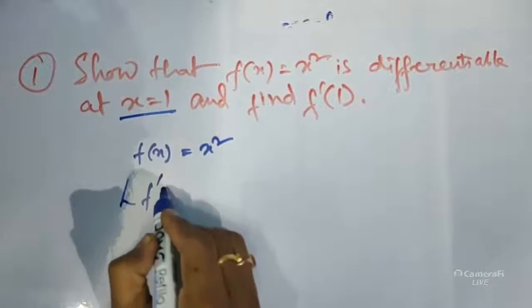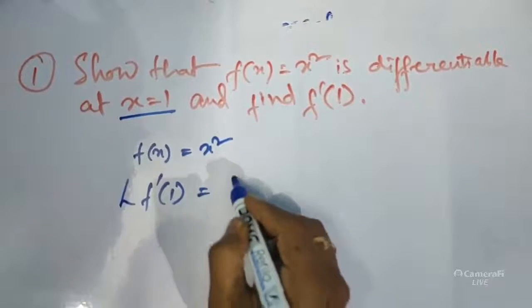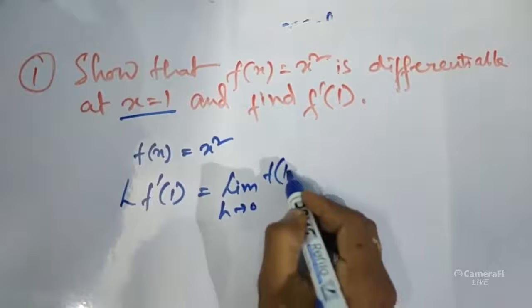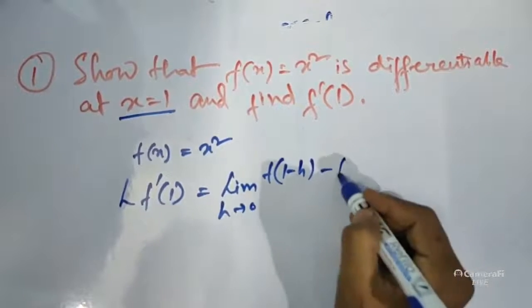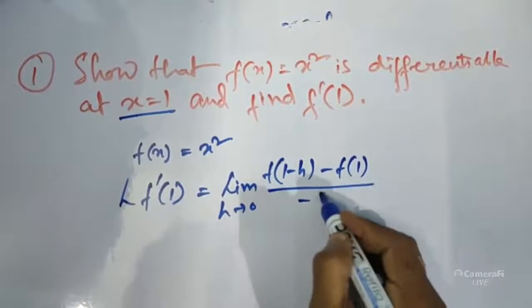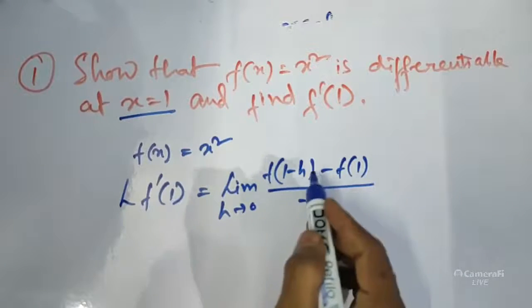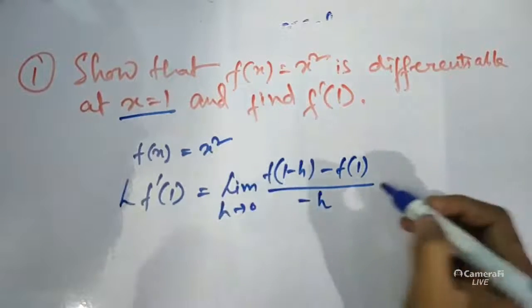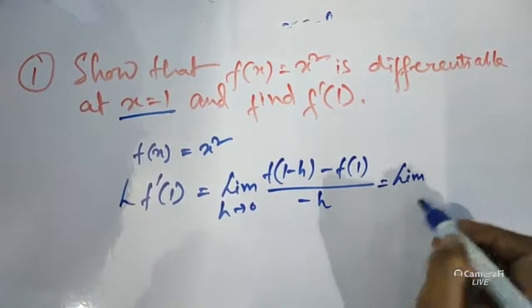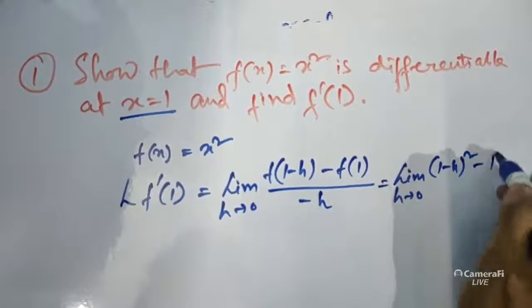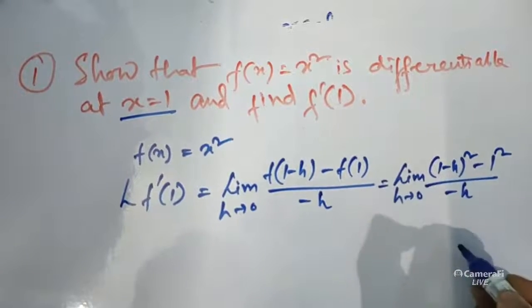Next we have to find the left hand derivative. Lf dash 1 equals limit h tends to 0 f of 1 minus h minus f of 1 divided by minus h. This is the formula. Again we have to find f of 1 minus h, that is 1 minus h whole square. So this equals limit h tends to 0, 1 minus h whole square minus 1 square divided by minus h.